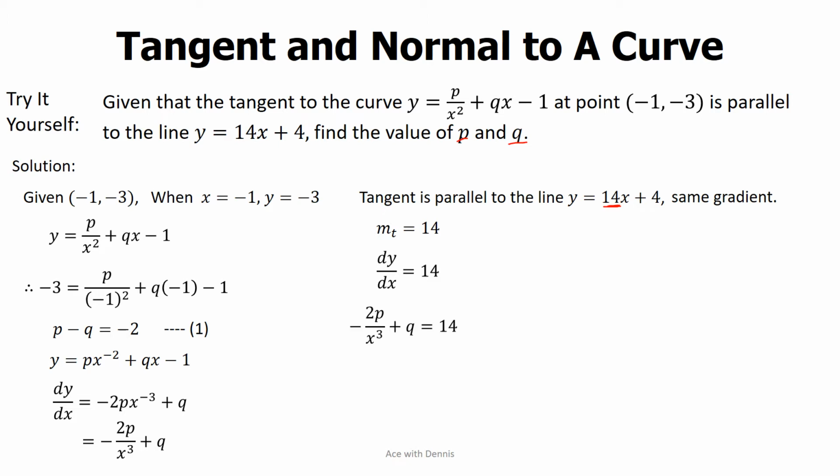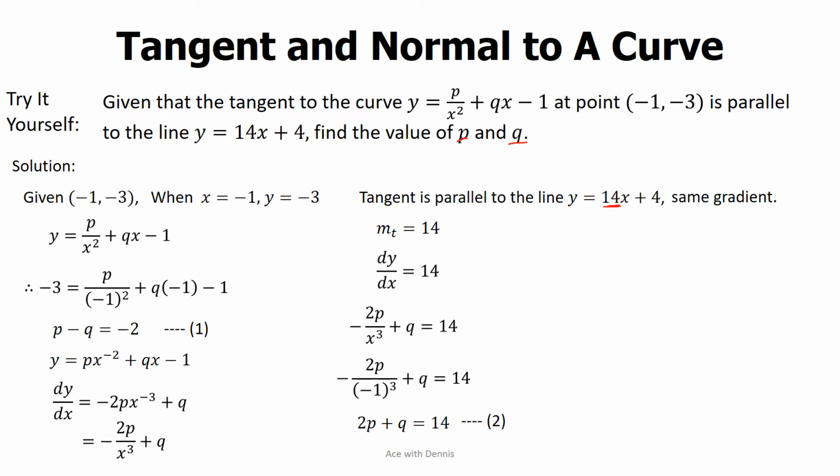So it is -2p over x cubed plus q equals 14. x is -1, hence it becomes -2p over (-1) cubed plus q equals 14, and we get 2p plus q equals 14. We label this as equation number 2.